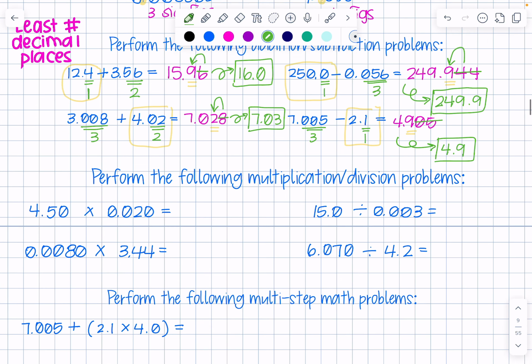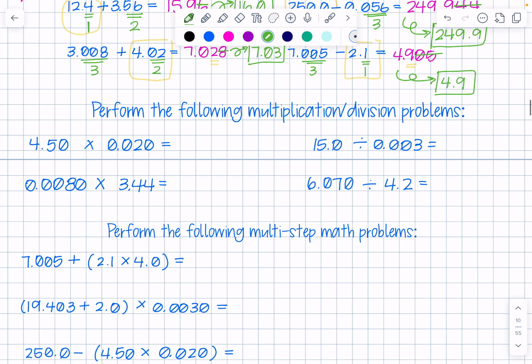Okay, now, when we're talking about multiplication and division, the philosophy behind it is the same. We want to match the least from our problem, except for multiplication and division, we're looking at significant figures.